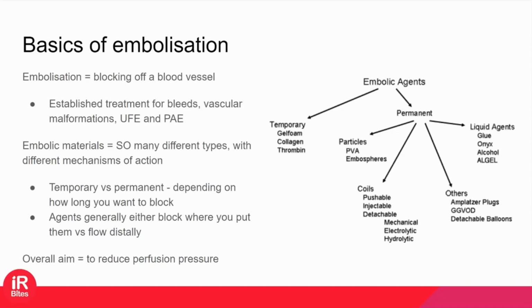particular therapeutic reason. The well-established indications for embolization is bleeding. So say, for example, a patient's hemoglobin is dropping and on CT scan you see active bleeding, that is a target for embolization. So what you can do is block off that bleeding blood vessel and stop the bleeding.